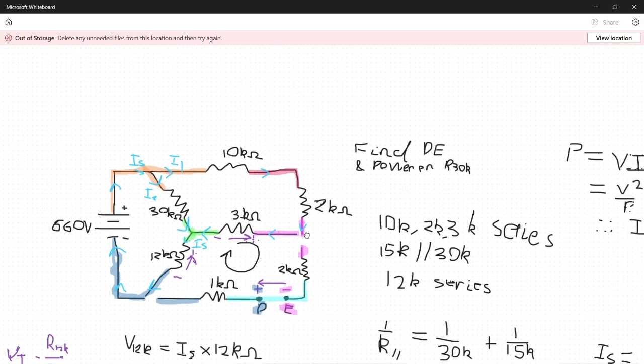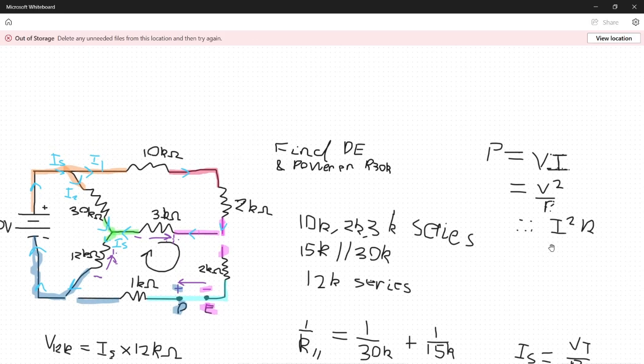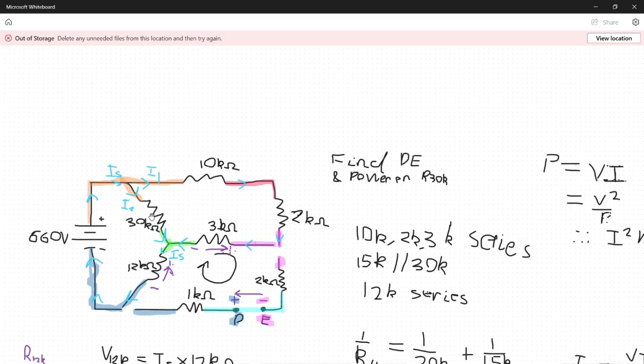Since we know the resistance already, it's probably best not to use the standard formula V times I, because both of those are unknown, but to use either V squared over R or I squared R. If we wanted to get the voltage, we need to use our I1 times the 15K to get our voltage.